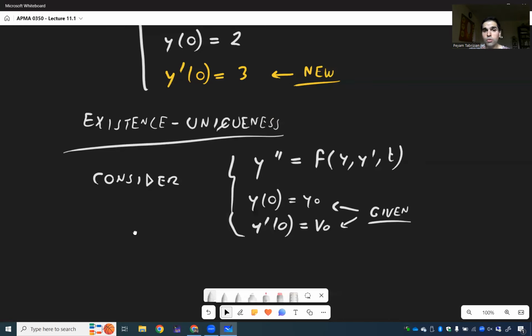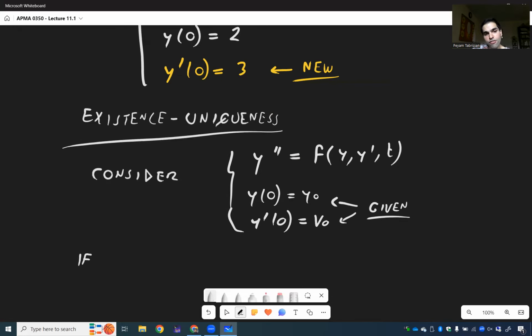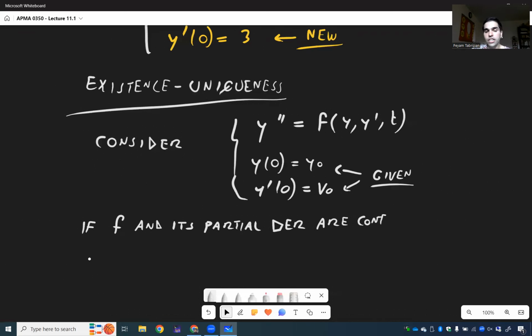Then, similar to before, if f and its partial derivatives, technically the derivative with respect to y and with respect to y prime, are continuous, then there's a unique solution near 0.